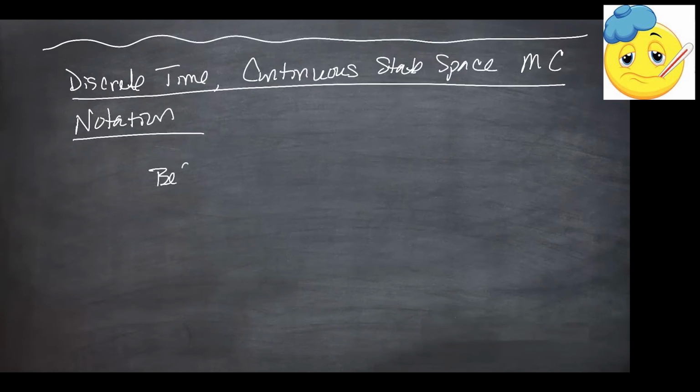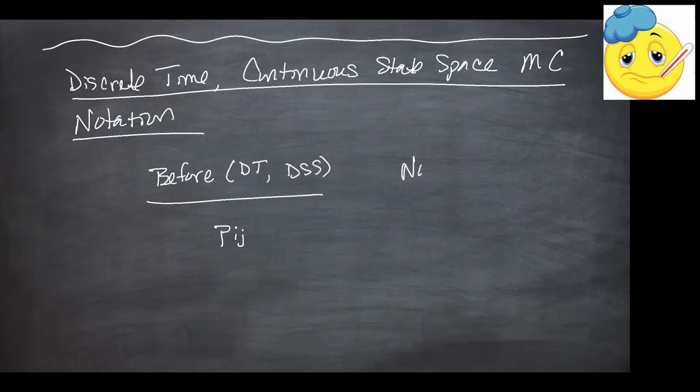So before, meaning discrete time, discrete state space. I never used that abbreviation before and will never use it again. We had transition probabilities. You can move from some state I to some state J in 1 unit of time.